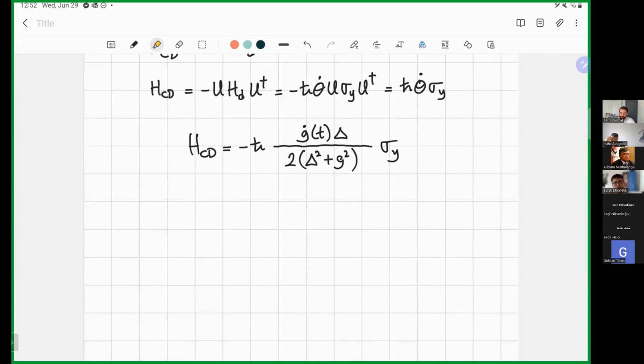This brings an extra additional energy cost to the picture. Now the question is, what's this energetic cost? How do we quantify it, and how does it behave as we drive this system?